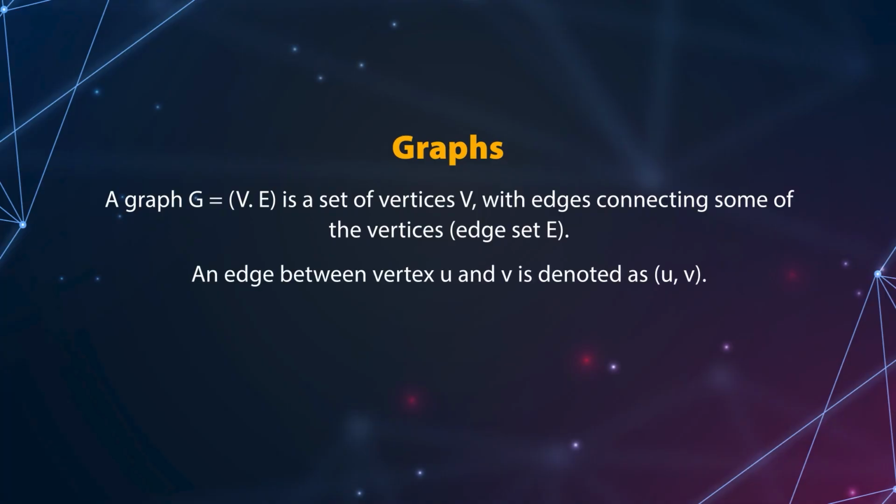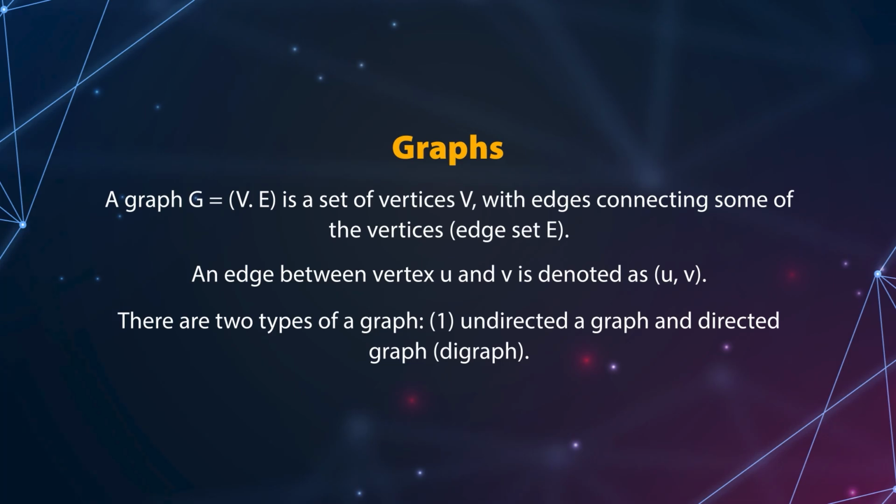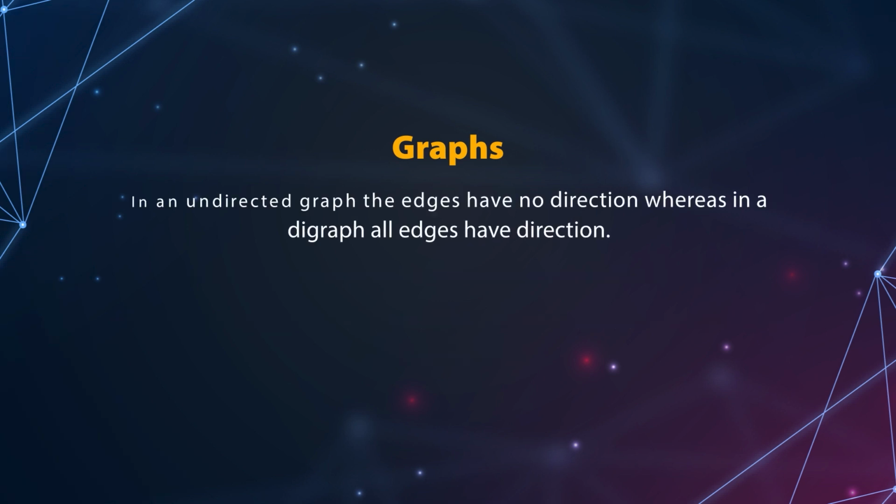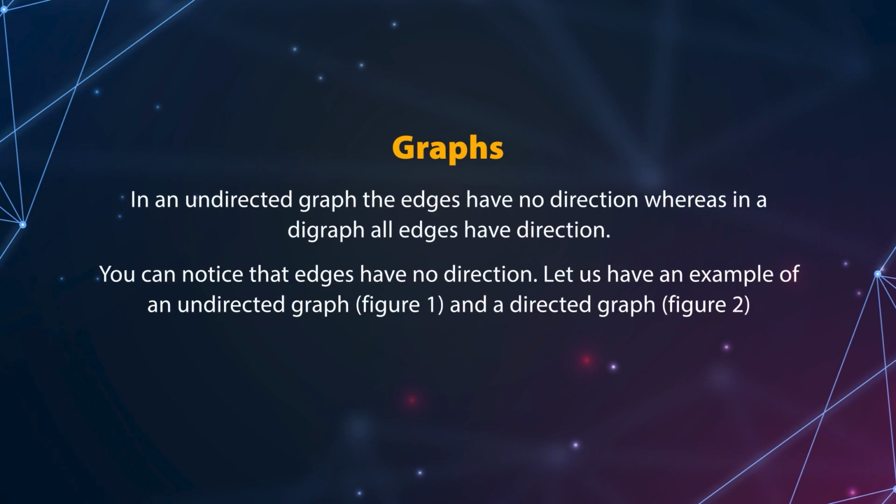Similarly, there are 2 types of graphs: an undirected graph and a directed graph. In an undirected graph, there are no arrows, no directions. The directed graph, also referred to as a digraph, has a direction given to every edge.